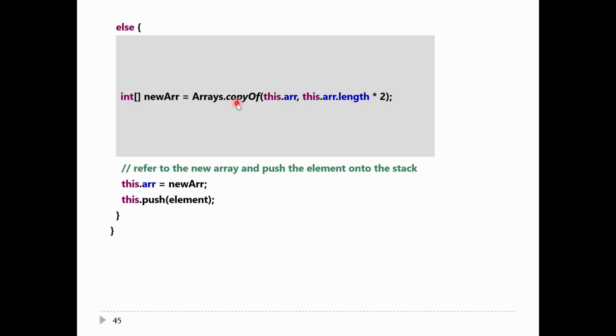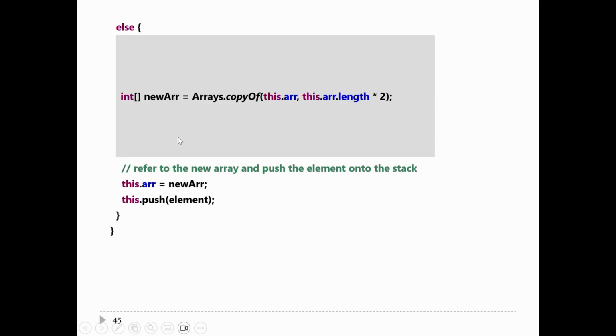The method copyOf makes a copy of that array by creating a new array of that capacity and copying the elements from that array into the new array. So instead of making the array yourself and writing the loop to copy the elements, you can just use copyOf, and that takes care of everything for you. And there is your implementation of a stack using an array.